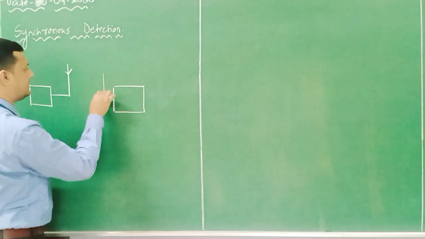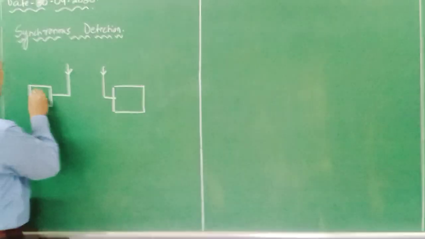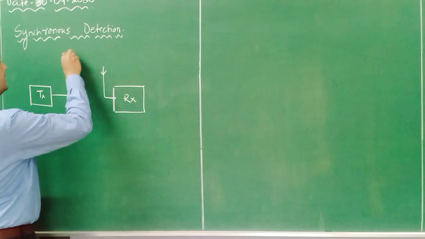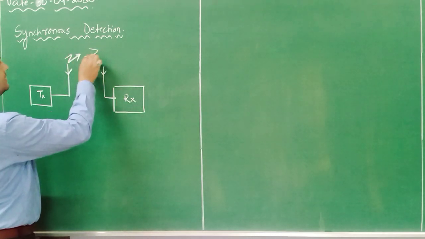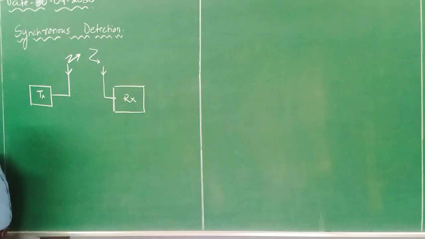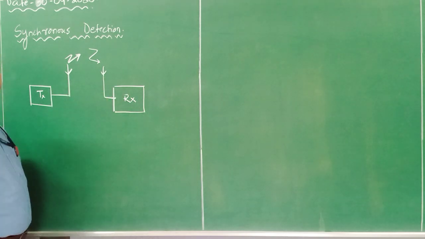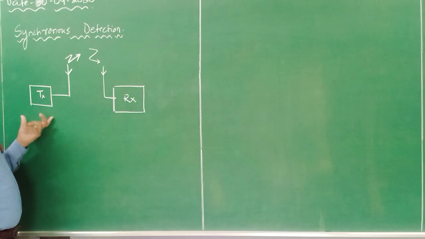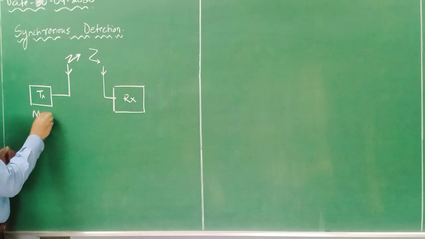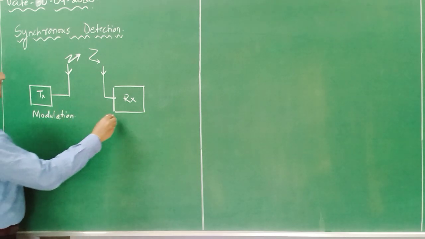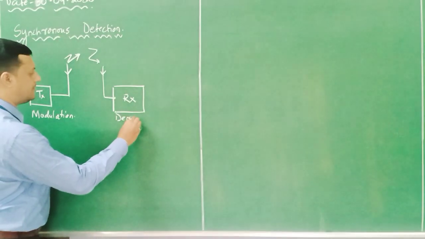is the receiver end. Okay, this is the transmitter part, this is the receiver part. Here we are transmitting the AM signal, here we are receiving the AM signal. Now this is the transmitting antenna, this is the receiving antenna. In this, modulation takes place, and in this, demodulation takes place.